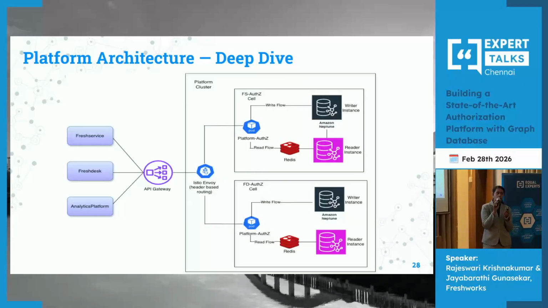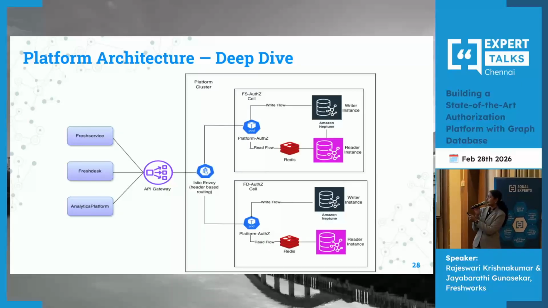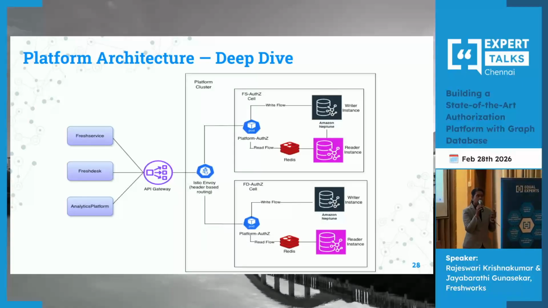Based on that, we will route it to the respective cluster on the respective cell for the corresponding product. This way, we are isolating the traffic of the entire Freshworks into different products, and hence the scale that each product needs will be handled by a separate system.